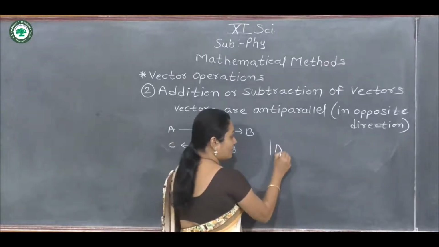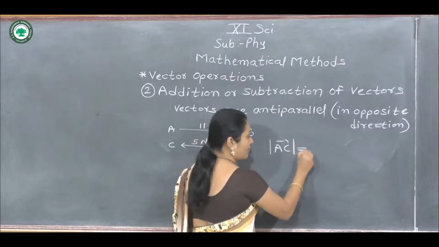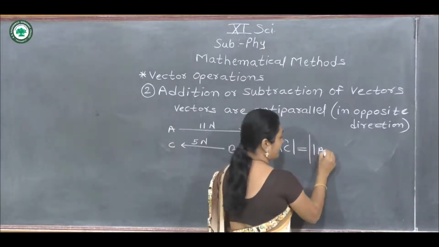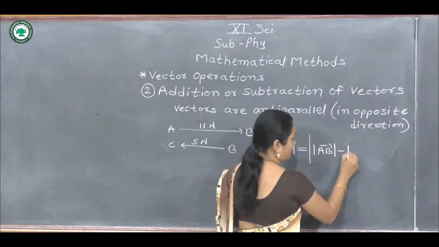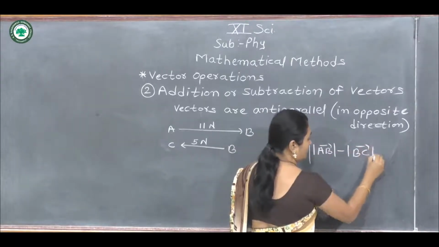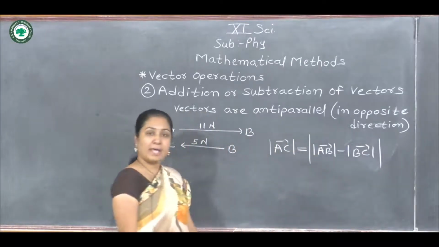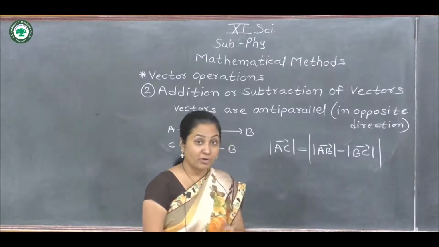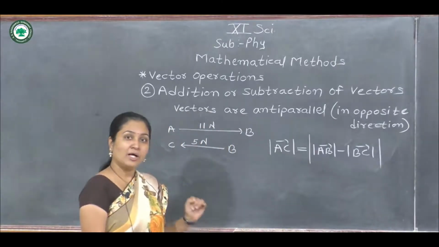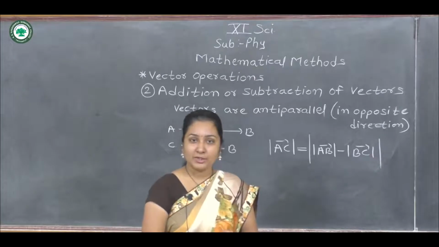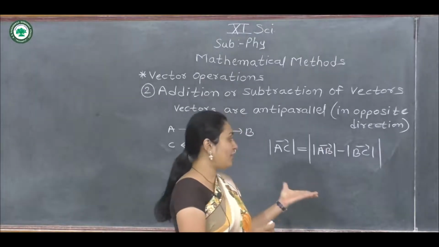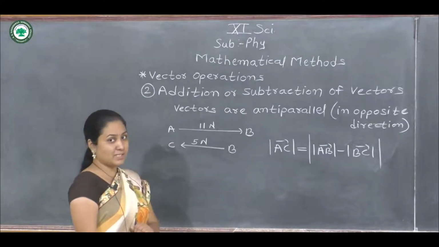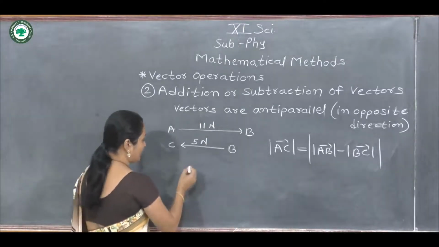So we have vector AC bar is given by mod of AB bar minus BC bar. Here we are taking mod because if our answer is negative, then to consider a magnitude, we will take the value as positive. So here the resultant vector is AC bar.